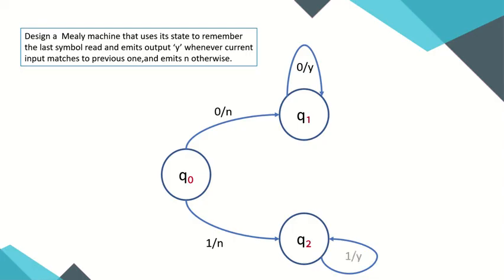For Q2, input 1, output is Y because it matches the previous input. For Q2, input 0, output is N because it does not match the previous input. And for Q1, input 1, output is N because it also does not match the previous input.